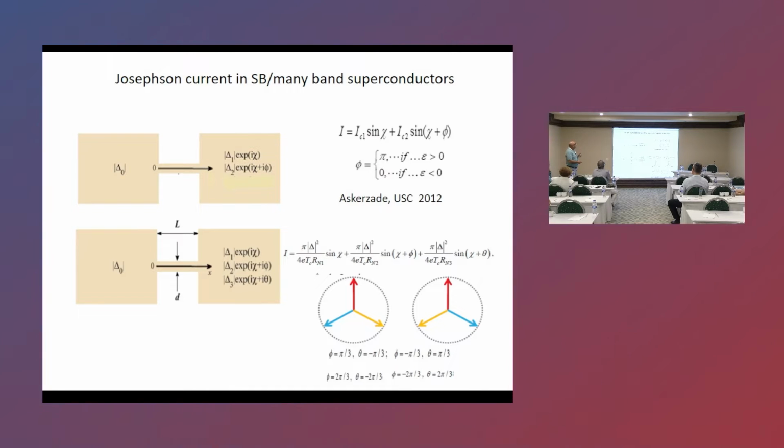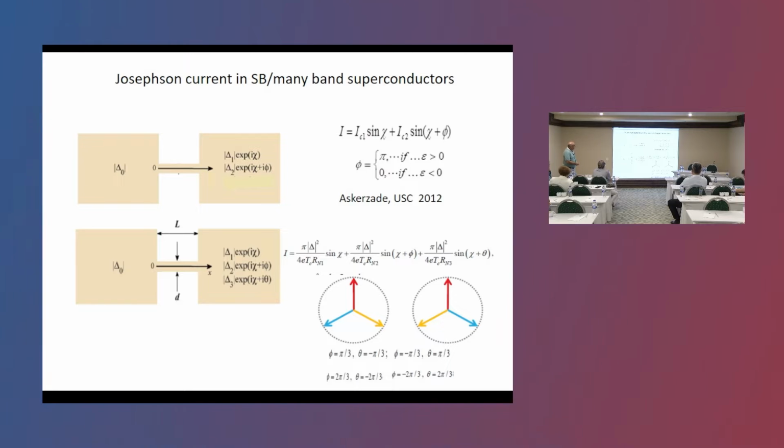If epsilon is positive, then we have opposite character of these two-channel currents, and if epsilon is negative, in this case we have Josephson currents in the same direction, and here the total critical current is the sum of the two critical currents.